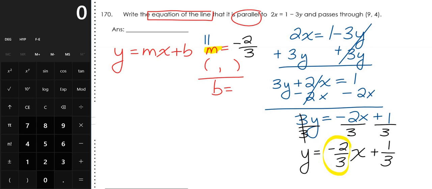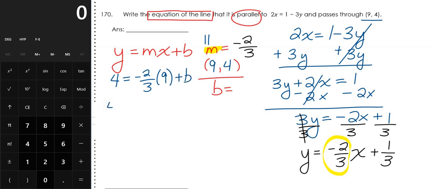Now your line should also pass through the point 9, 4. So I'm going to put in 9, 4 in our graphic organizer for the point. Once you have the slope and the point, you can plug in and solve for your b value. So let's plug in 4 equals slope of negative 2 over 3 times 9 plus b.